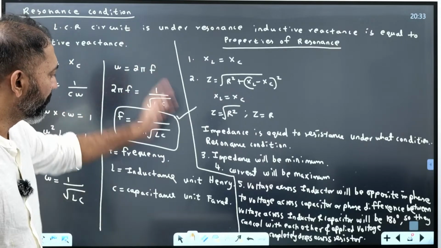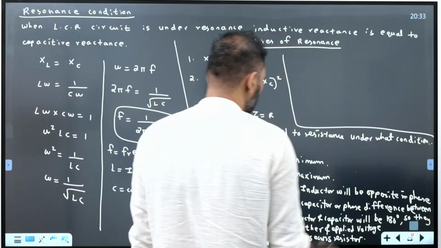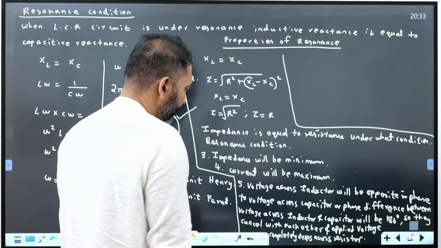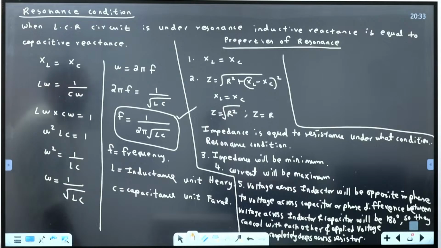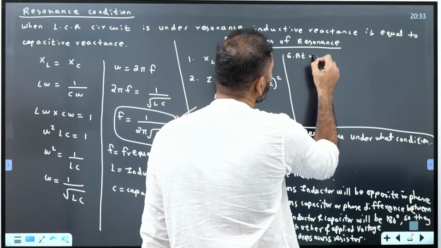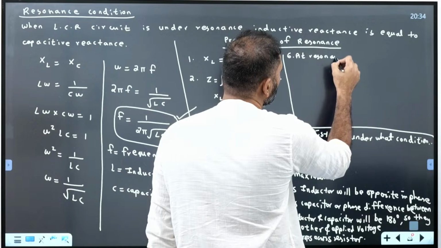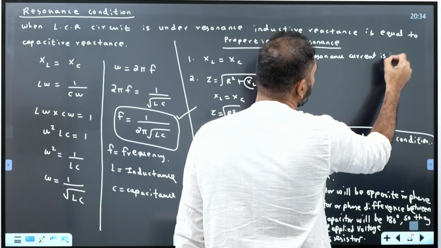These are the important points about resonance. Now, at the resonance, current is limited by resistance only.